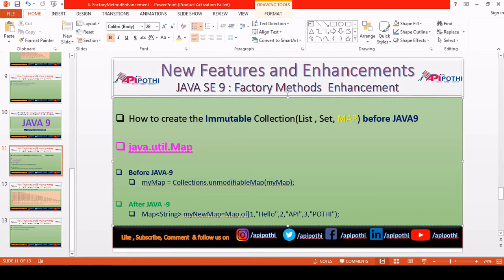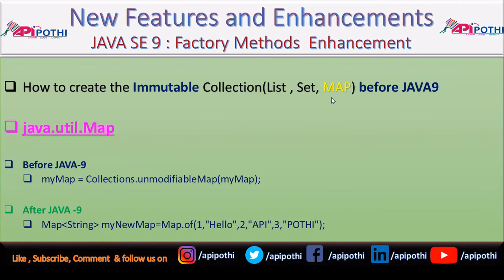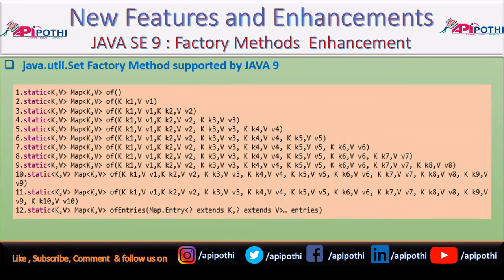Now coming back to the PPT part, we understood how to create the immutable object of a map before Java 9 and after Java 9, and how to check the immutability also. Now in this slide we are going to understand what factory methods are available in Java 9.